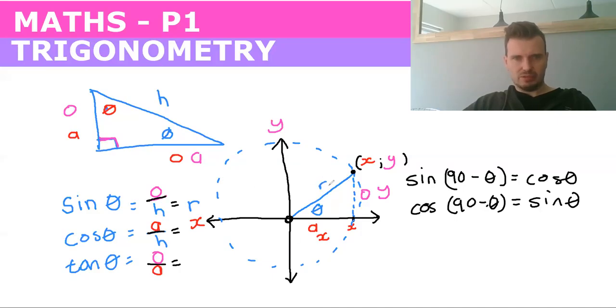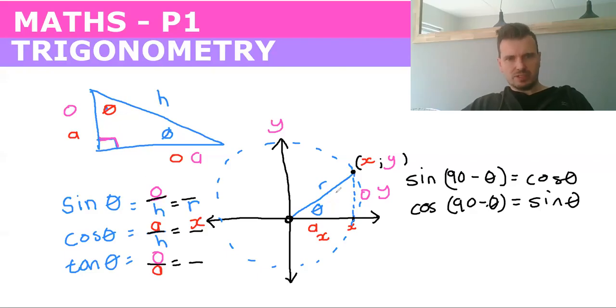So when they talk about it on a Cartesian plane, that's why they use r's, x's, and y's. But it's exactly the same thing. R is just h, it's just being called something different.